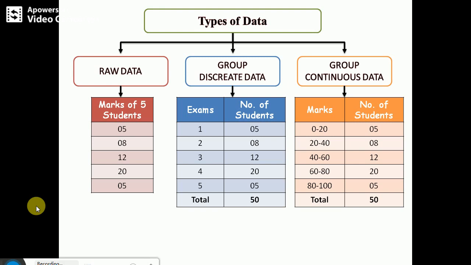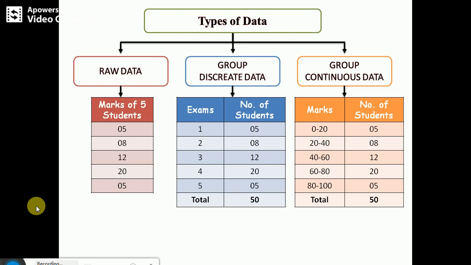For example, here this data represents an exam of 100 marks, and out of those 100 marks there are different classes. The first class is for those students who have scored 0 to 20 marks. The second class is 20 to 40 marks, and the third 40 to 60, then 60 to 80, and last 80 to 100.